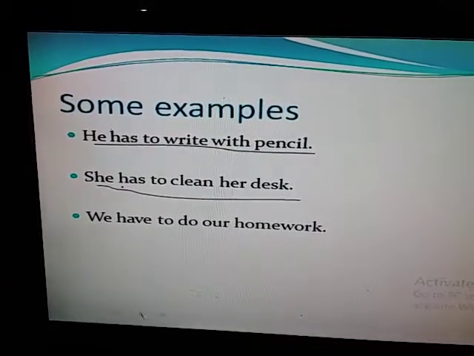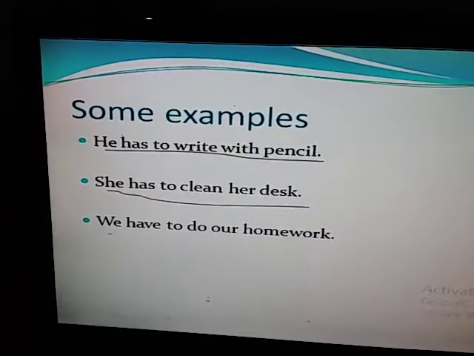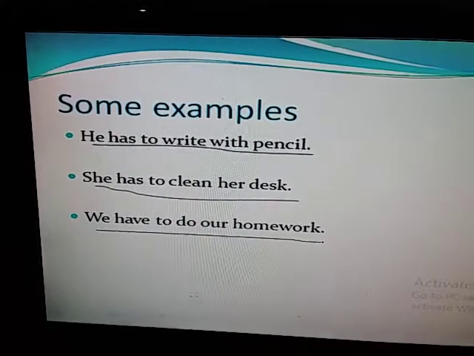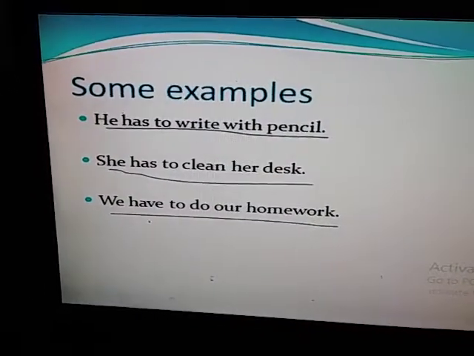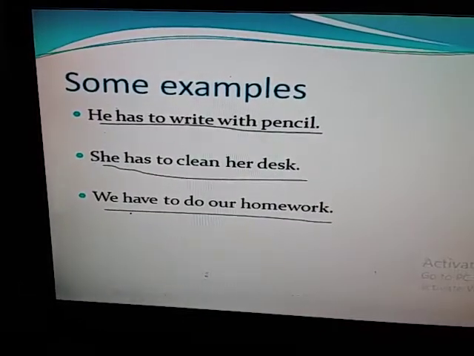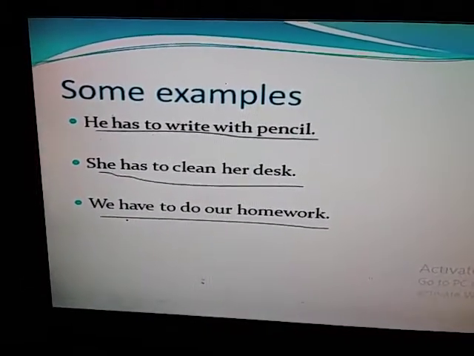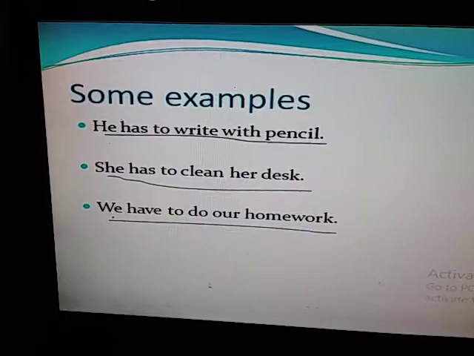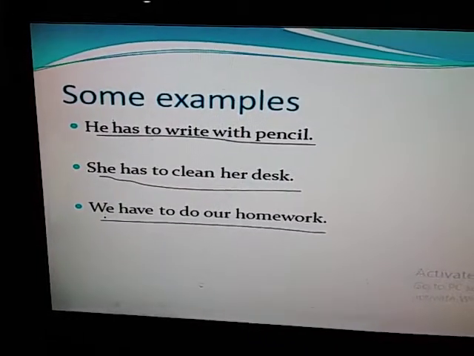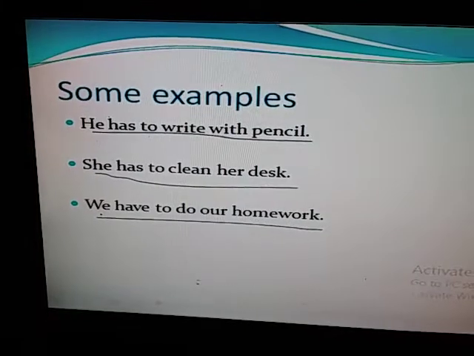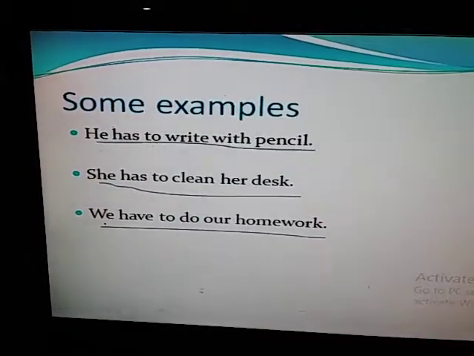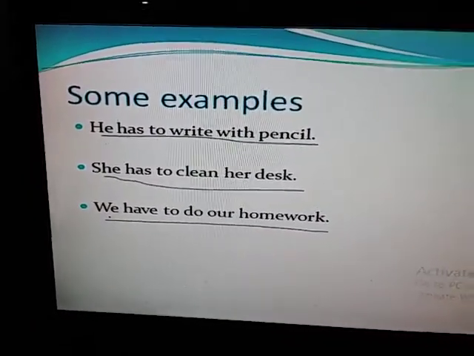Let us see the next example. We have to do our homework. In this sentence, have to is used, which shows that the subject we are not willing to do homework, but due to external circumstances they have to do the homework.